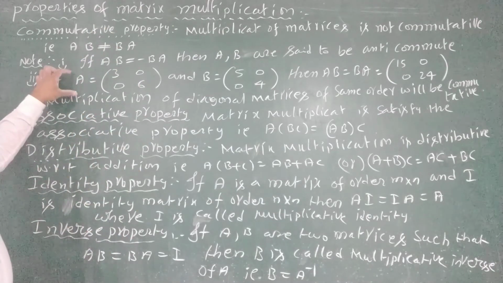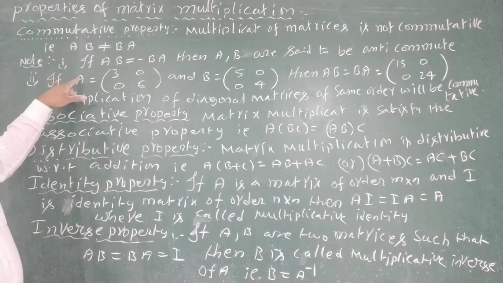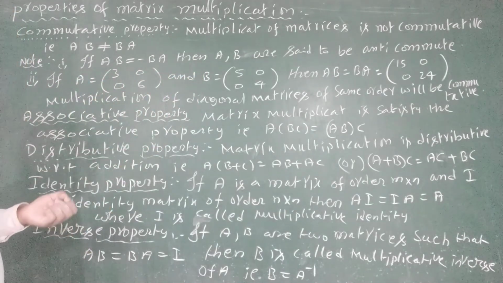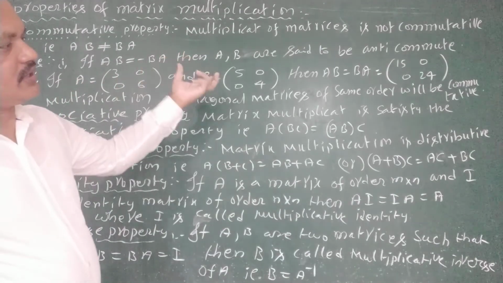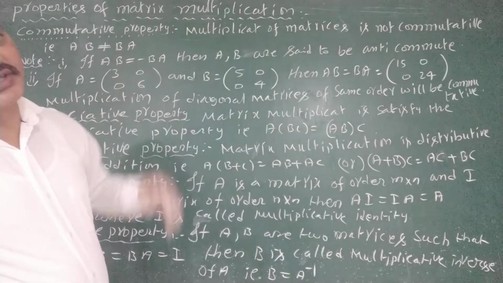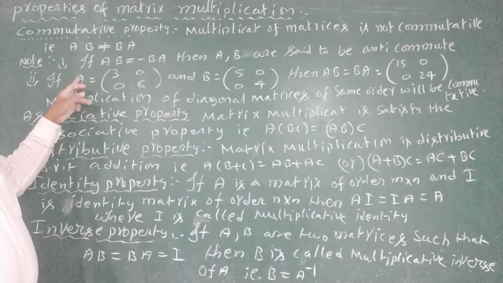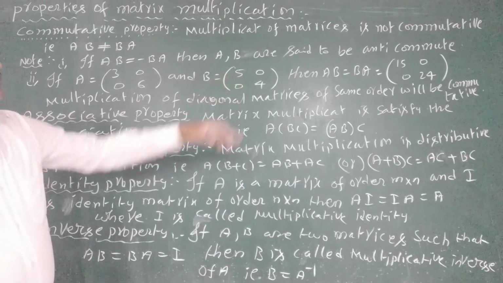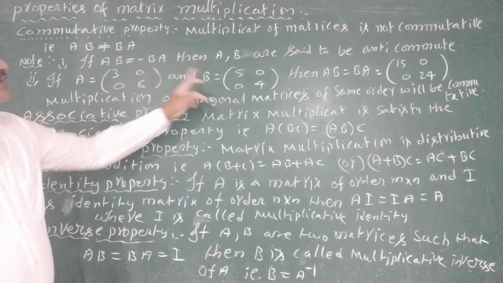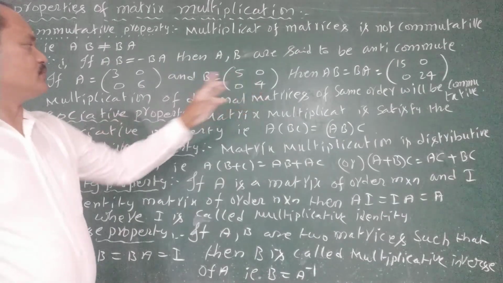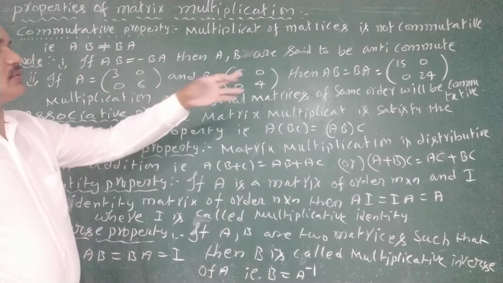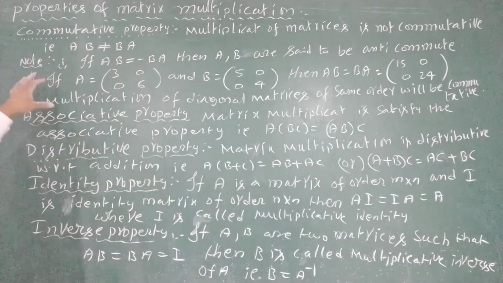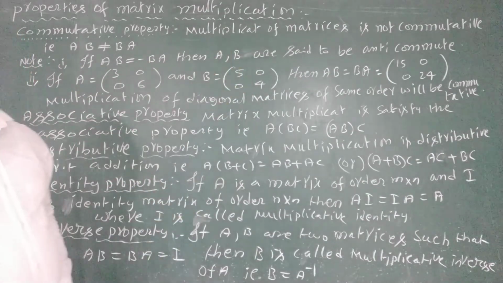In a particular case, for two diagonal matrices of the same order, the commutative property is satisfied. For example, [3 0; 0 6] and [5 0; 0 4]: the product AB is 2 by 2, giving 15, 24. BA is the same, 15, 24. That's why in this case only AB is equal to BA.